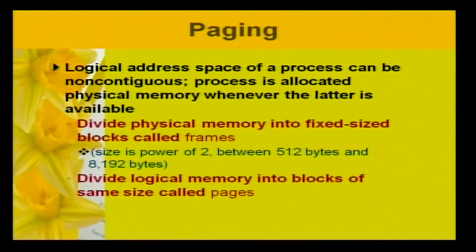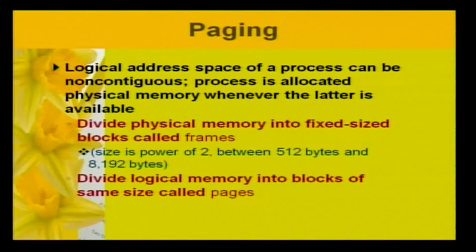The contents in the pages are written into the frames during the write operation, and the contents from the frames in the real physical memory are written back to the pages during the read operation.